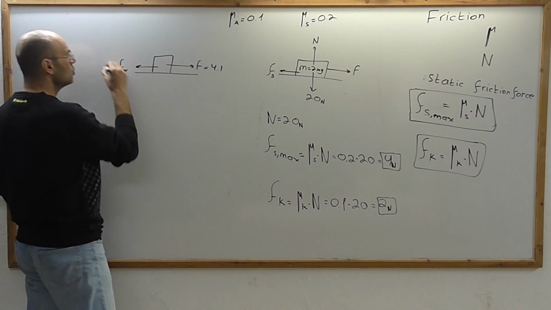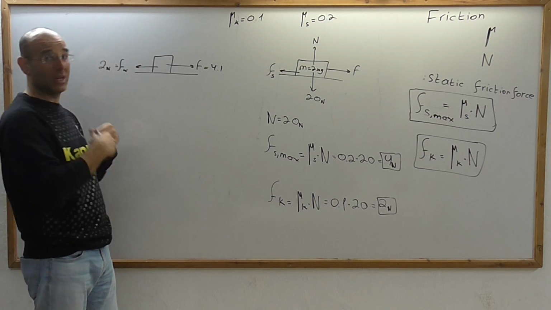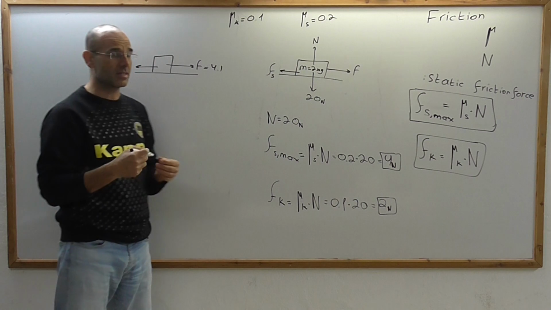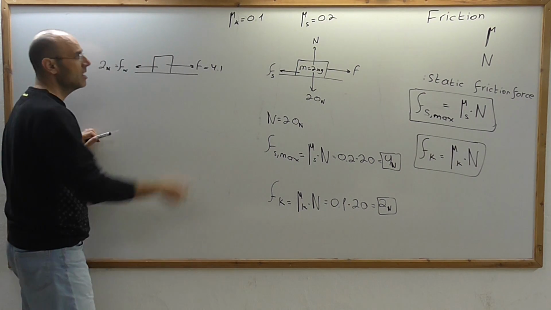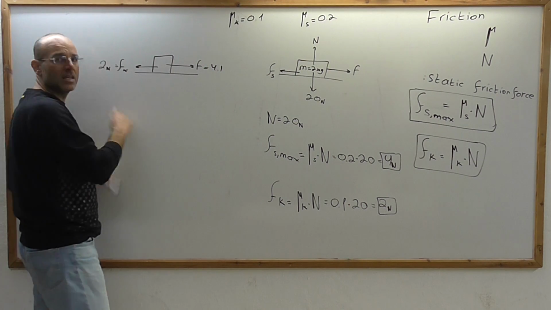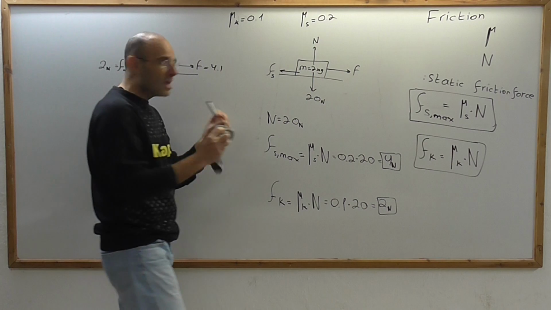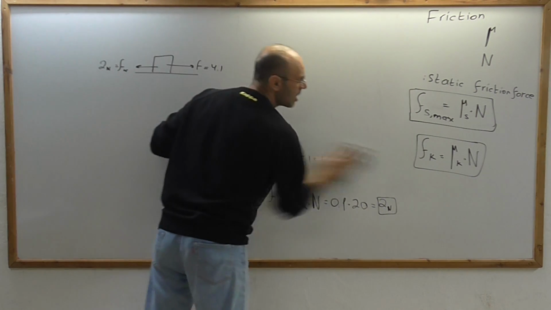It will be 2 newtons. And what will happen to the mass? Obviously, it will accelerate in this direction. And if I want to calculate the acceleration, I will do what I did in all other lessons we had: this minus that equals ma.